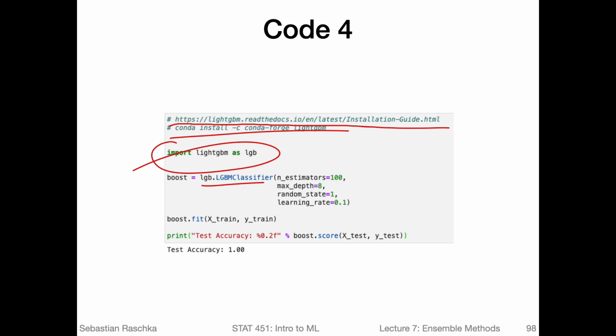So we can initialize the LGBM classifier object, set our hyperparameters similar to scikit-learn, and then fit the gradient boosting machine, and then we can use the score method to compute the accuracy. In this case, it's actually quite impressive given that I didn't tune any hyperparameters, so it gets 100% training accuracy.